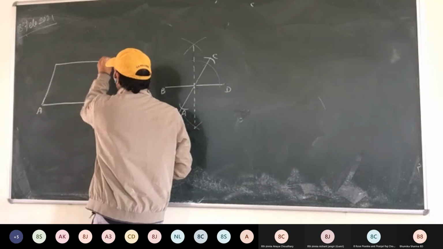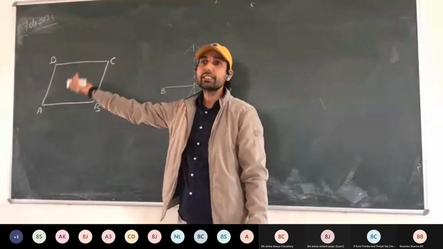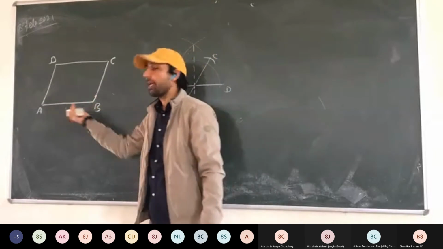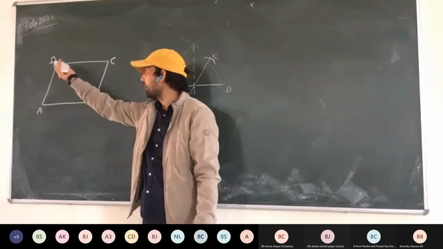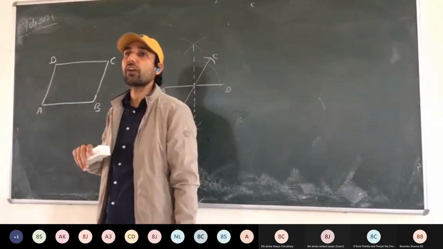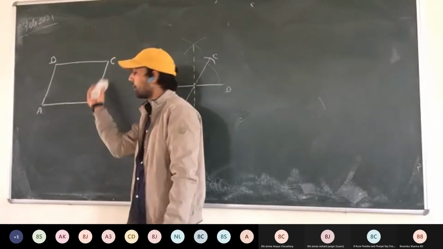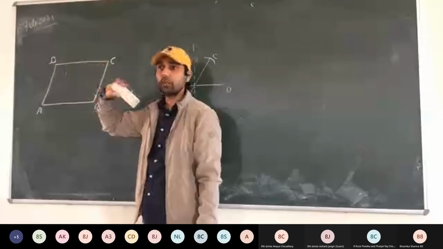So AB equals BC equals CD. If one side is given, all the other sides you can find. For example, if AB is 4 centimeters, then BC is 4 centimeters, CD is 4 centimeters, and DA is 4 centimeters. If one side is given, all the other sides are known.